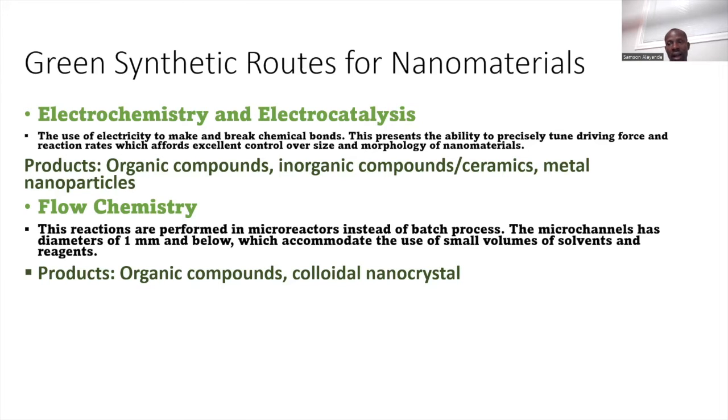So this permits the recycling of solvent and reagent. So this is in line with conservation, and this is also a very benign process. So this has resulted in several organic compounds and colloidal nanoparticles.